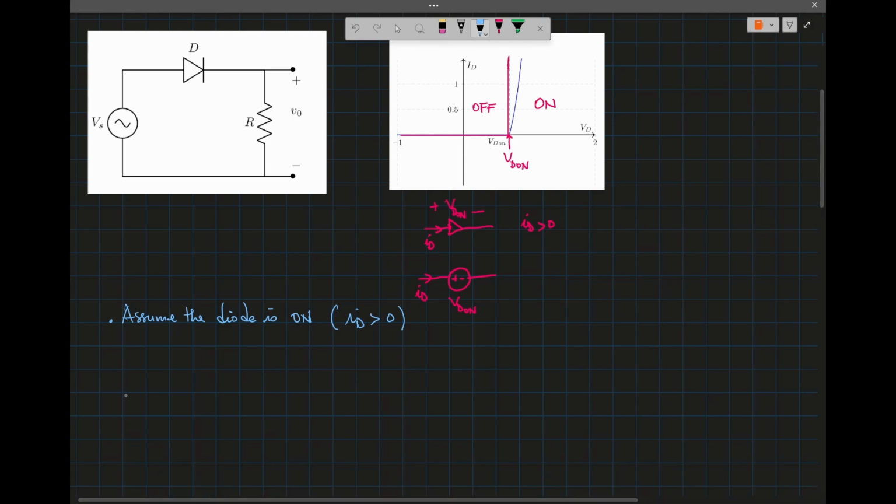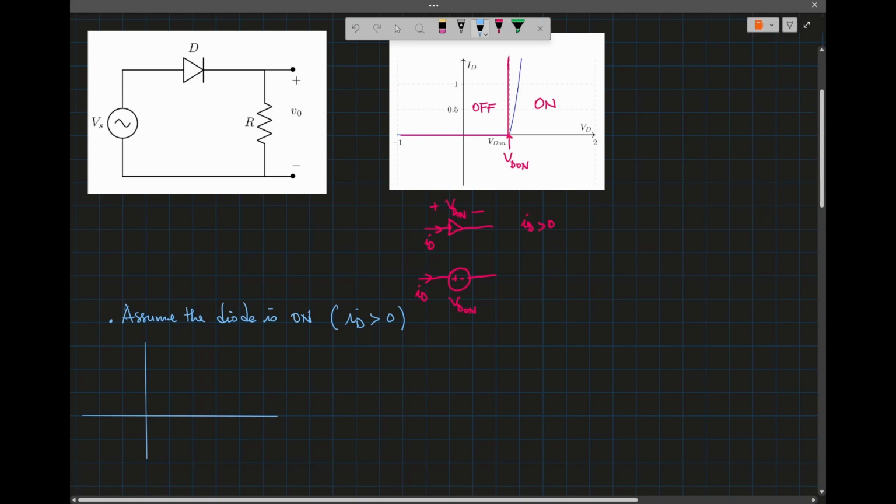Okay, so the input voltage is a sine wave that looks like this. So let's take the sine wave over a cycle. So let me draw it a little better. The input voltage over a cycle.